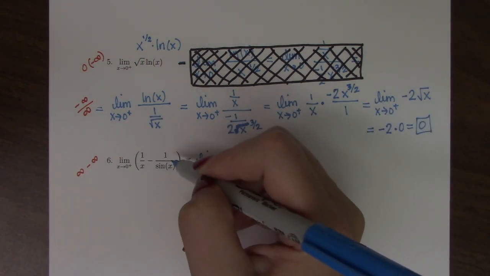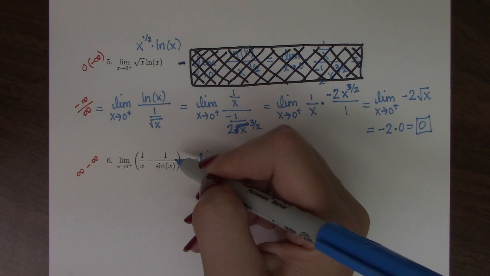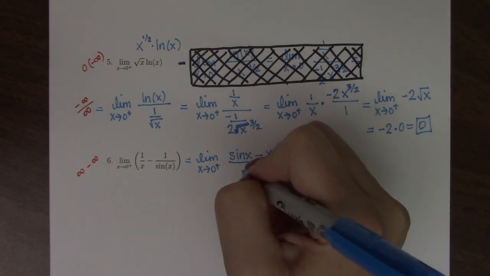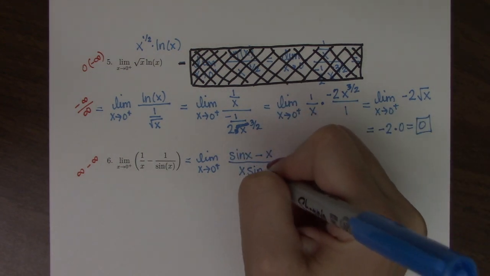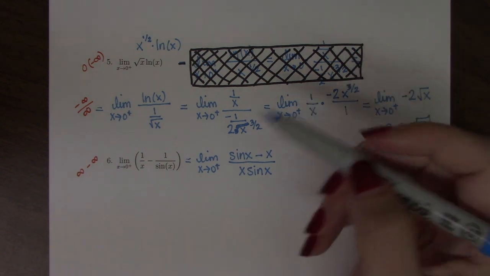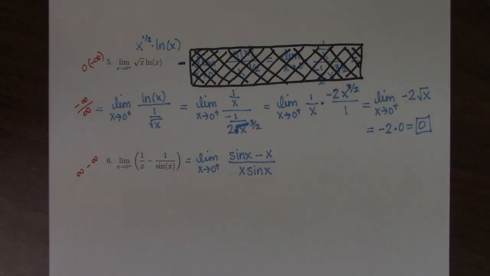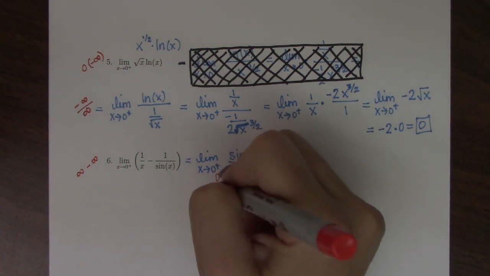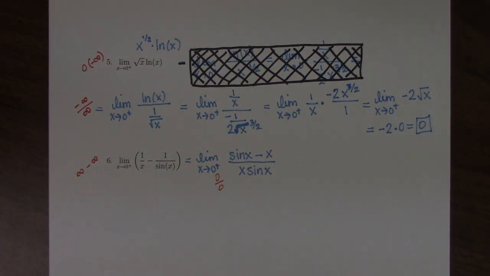Then the second fraction I'm going to multiply by x over x. So I'm just going to get x, and this is all over x sine of x. Now if I try to evaluate the limit, I get 0 minus 0 in the numerator, which is 0, and 0 times 0 in the denominator. So now we're in the appropriate L'Hopital form.